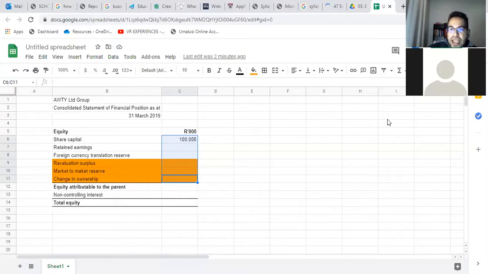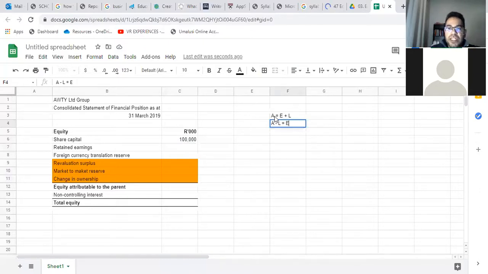So just to understand this over here, I'll put it on the side. Remember, the accounting equation is assets equals equity plus liabilities. When it comes to groups, we kind of look at it like this: assets minus liabilities equal equity.